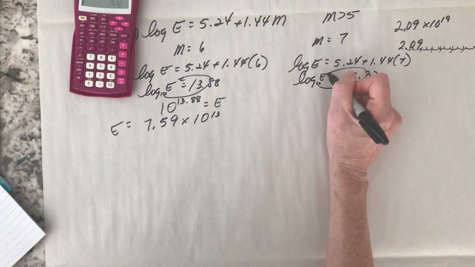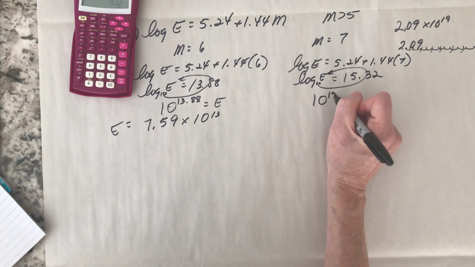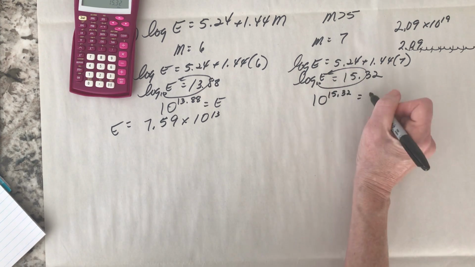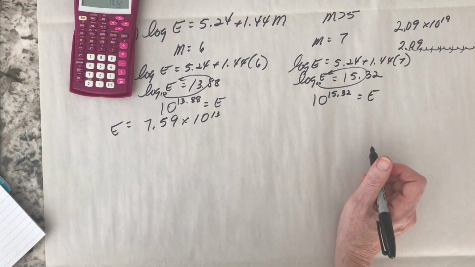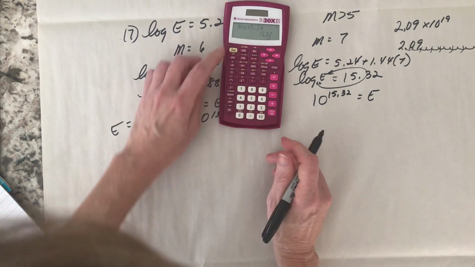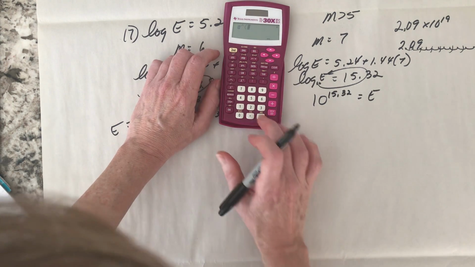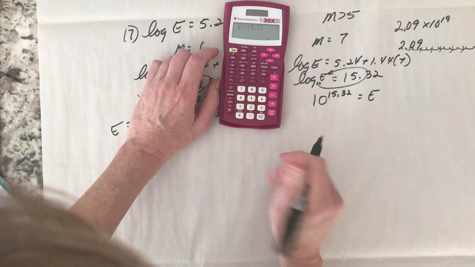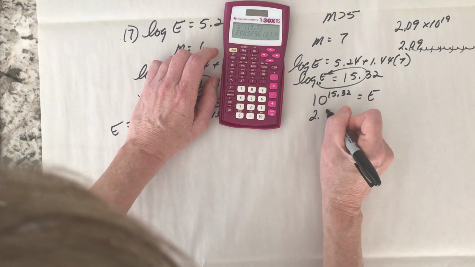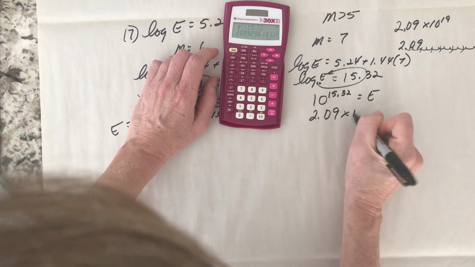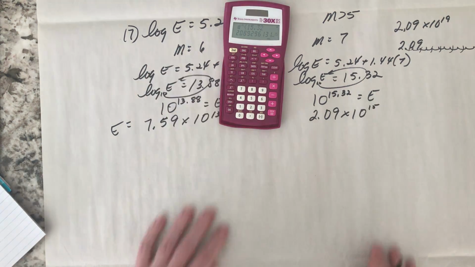So 10 to the 15.32 is going to give us the energy out of that. Let's get your calculator going. Clear it. 10 to the 15.32 equals 2.09 times 10 to the 15th.